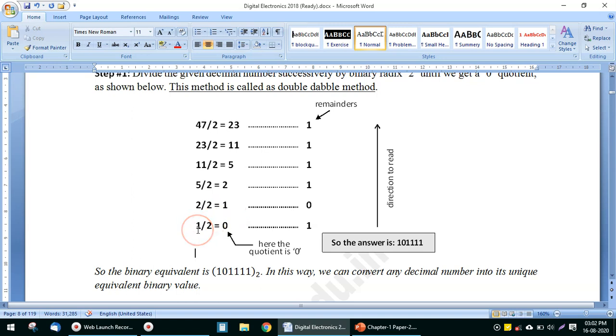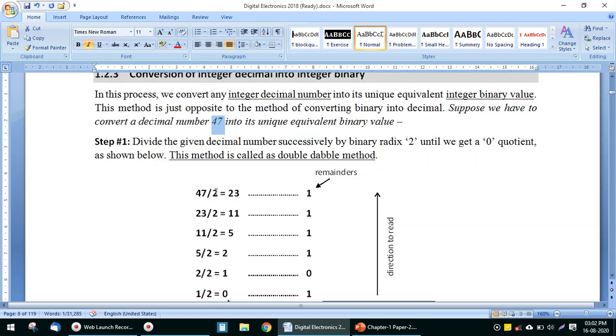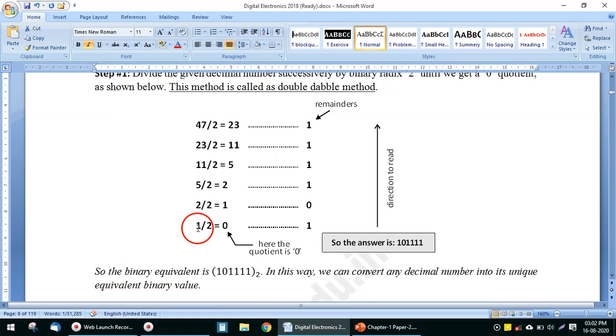We want to convert this integer decimal number into its unique equivalent binary value. So lastly 1 divided by 2 gives us the quotient 0. Here the quotient is 0. Remember this point. We have written these remainders over here, and we have to read these remainders in sequence from bottom to top. See, the direction is shown over here.